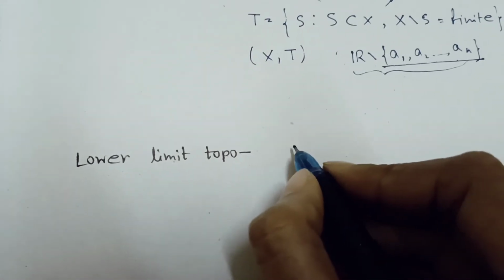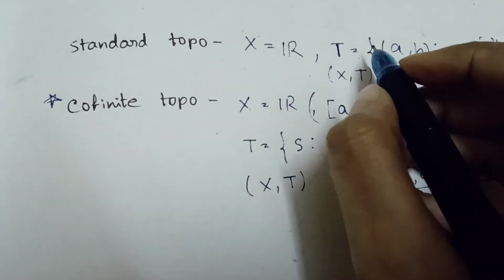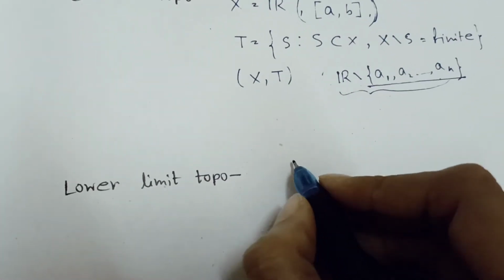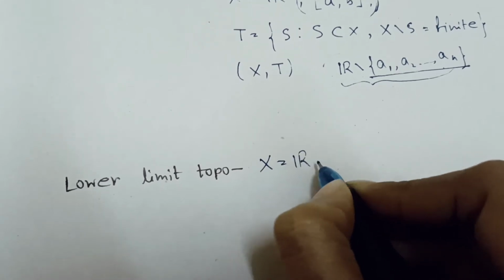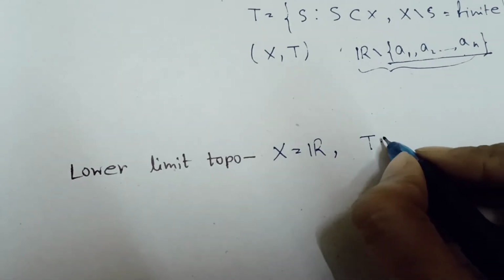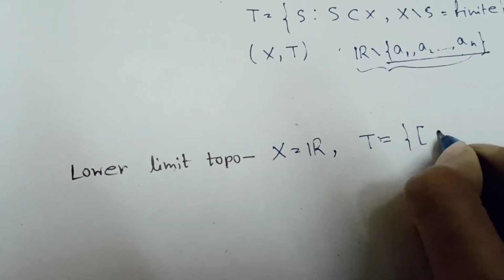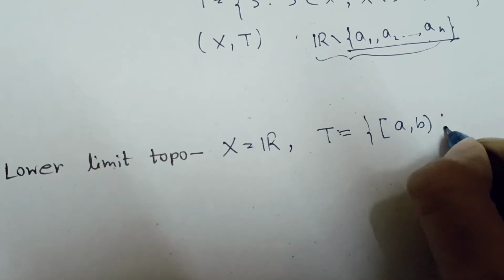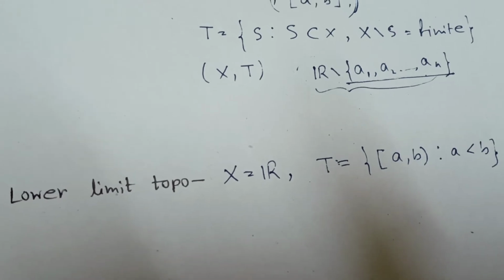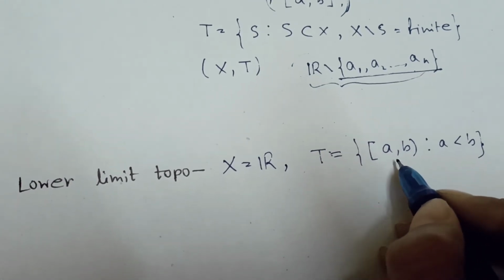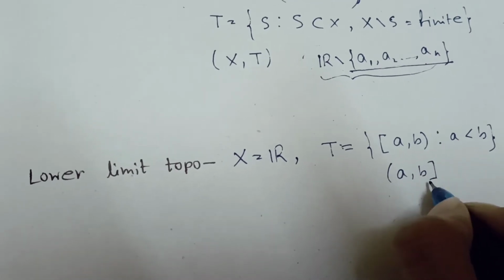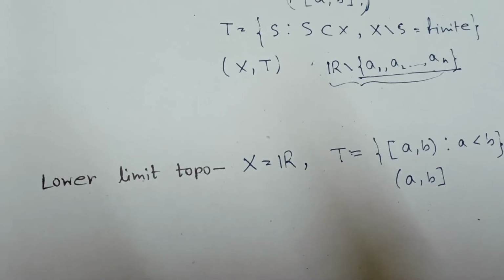And the next is the lower limit topology. For the standard topology, we have taken such types of intervals. For the lower limit topology, X is the same as R, but T will be this type of intervals [a, b), where a is less than b and a, b are both real. Similarly, there can exist an upper limit topology, for which we will take (a, b], this type of semi-open intervals.